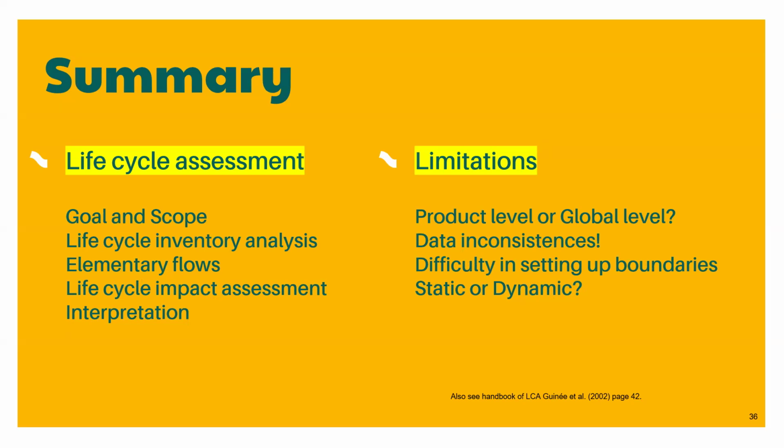Then we discussed impact assessment, where we learned different impact methods and categories used in assessing the environmental impacts of your product. And we covered the interpretation stage, which helps us to draw conclusions and make recommendations based upon the findings. By understanding the ISO framework, we have a very clear understanding of the four different stages, and we would be able to comprehensively measure the impact associated with your product and your system.